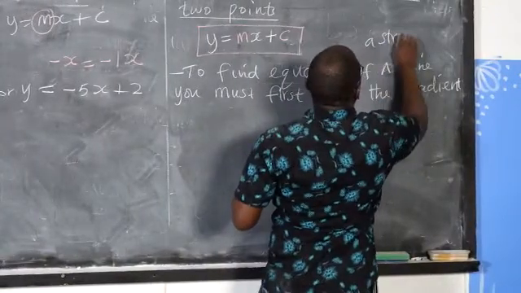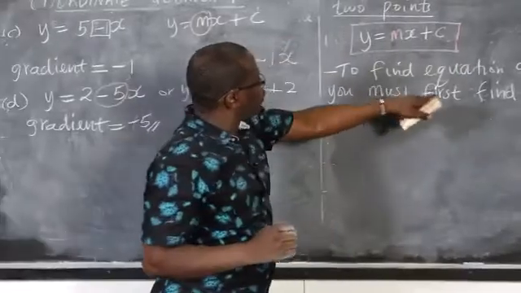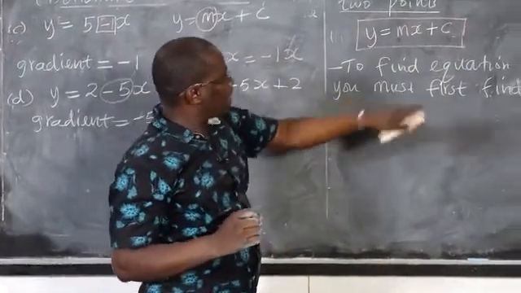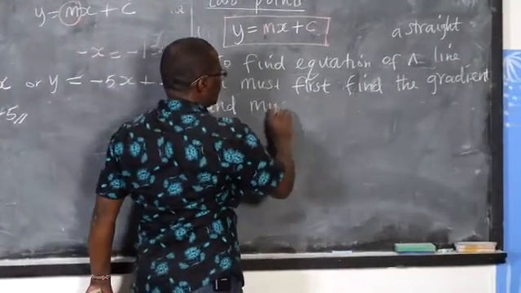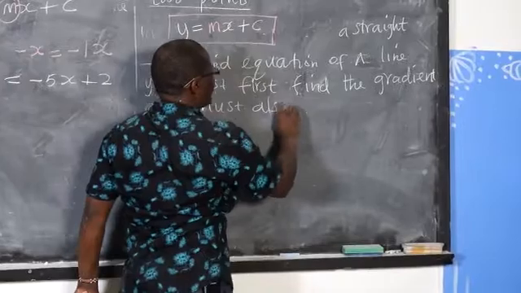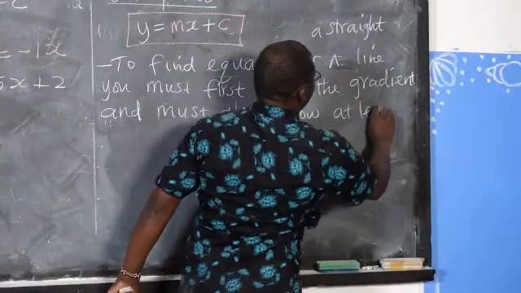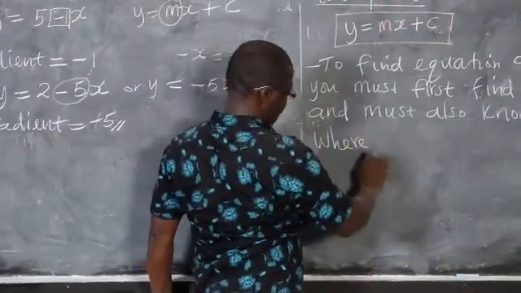We have to be specific. We have different types of lines. To find the equation of a straight line, you must first find the gradient, and you must also know at least 1 point where the line passes through.